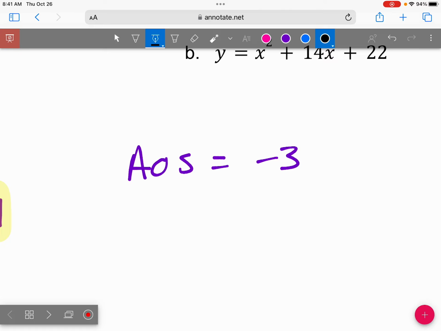When we put it into our vertex form, it would be x minus negative 3. How do we write x minus negative 3 without it looking quite that gross? x plus 3. So if you have a double negative, it becomes a plus. Does that make sense, DJ? Okay. I'm just going to erase that because we don't have a 3 there.